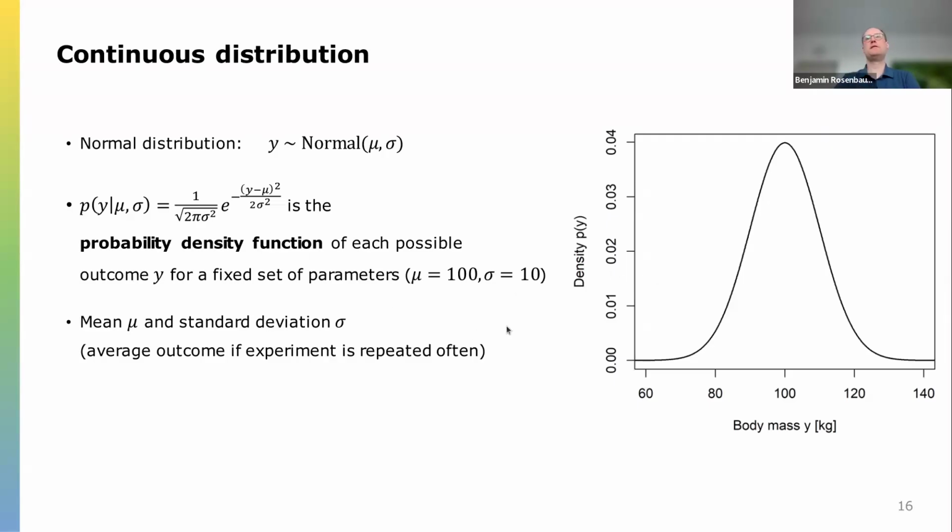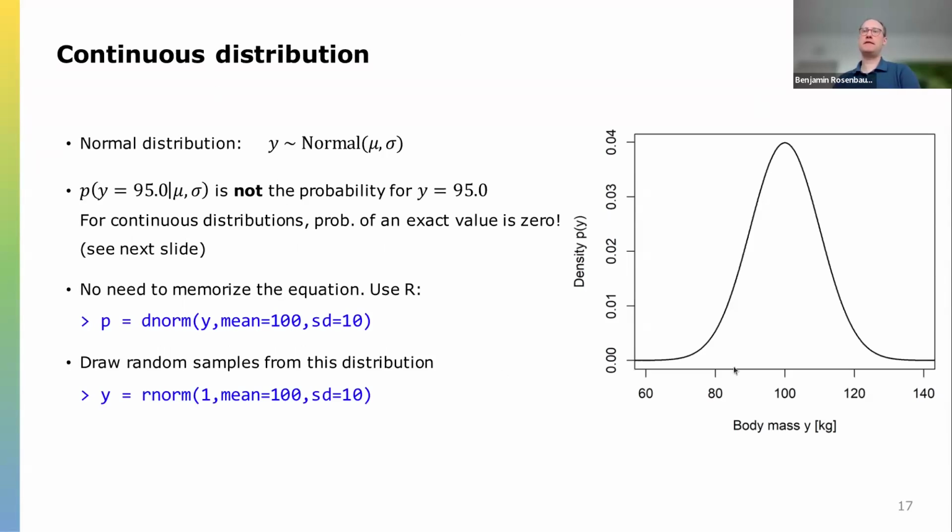But this now is a bit different from the discrete case. This is the classical bell-shaped curve, also called the Gaussian curve, named after the German mathematician Gauss. But how can we calculate probabilities here? This is a bit different.